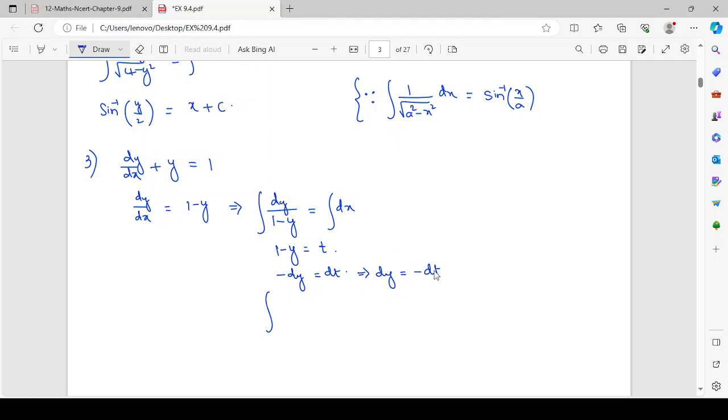So dy is minus dt, so minus dt upon 1 minus y is t. Can you see now, the earlier one was a complicated function; now it is integration of 1 by t dt, which is log t. So minus log of modulus t equal to integration of 1 dx, which is x plus c. Now you can substitute back the t value, which is 1 minus y. Therefore, the solution of the given differential equation is this.